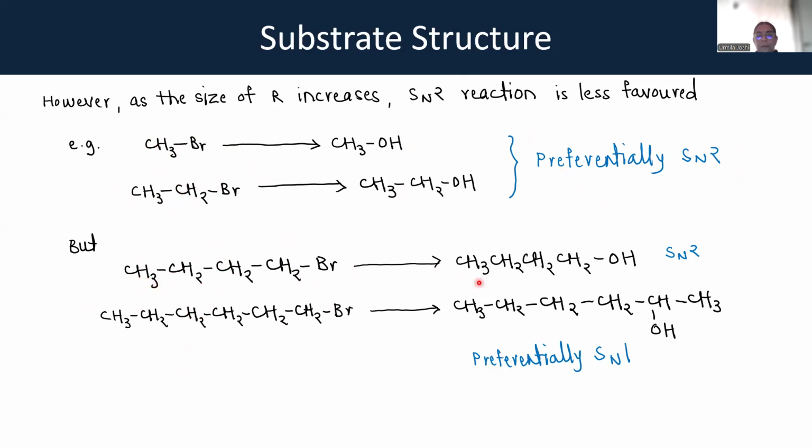The 4 carbon compound also undergoes SN2 mechanism, but a 6 carbon compound preferentially undergoes SN1 reaction. Now, SN1 reaction has carbocation intermediate and it is accompanied by rearrangement, and that is why you see the product is a secondary alcohol.